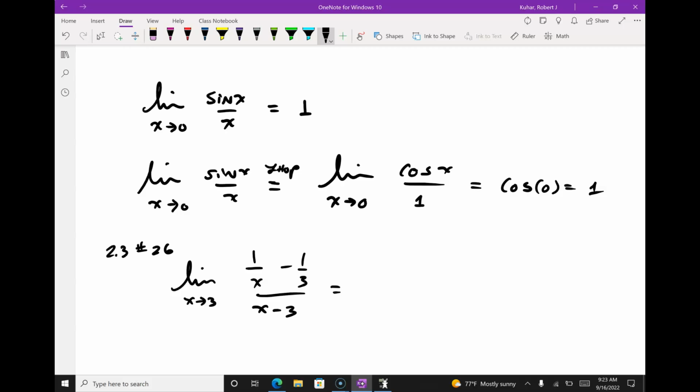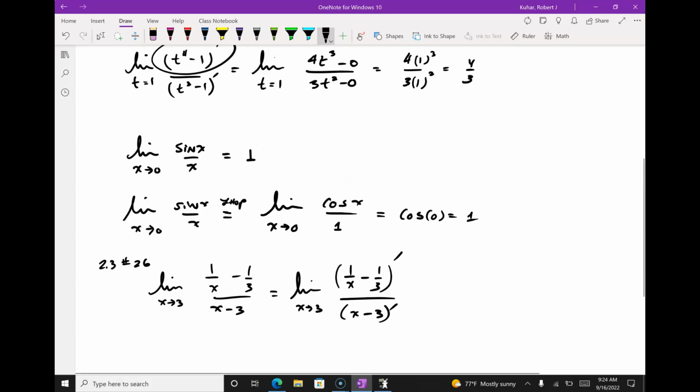If I plug in 3 right away, again, I get 0 over 0, right? So I want to use L'Hopital's rule. I want to rewrite my limit, taking the derivative of the numerator with a prime, and the derivative of the denominator with a prime.